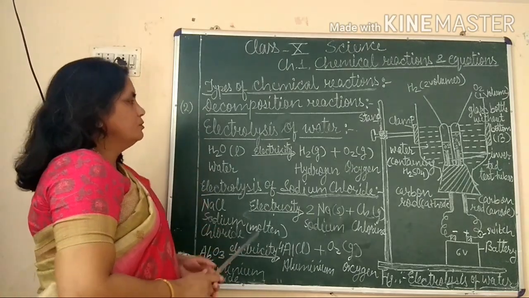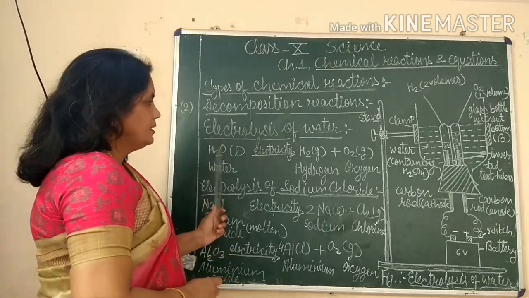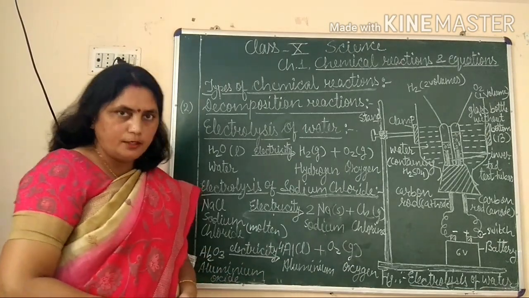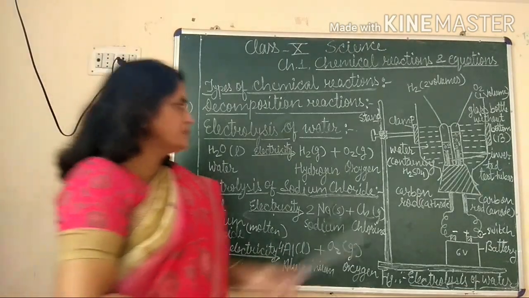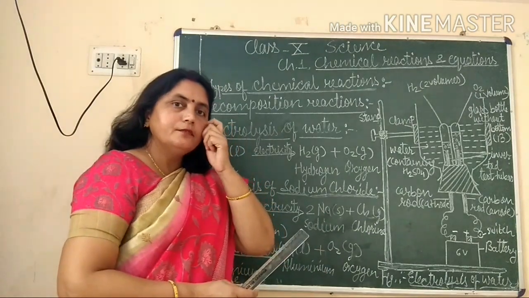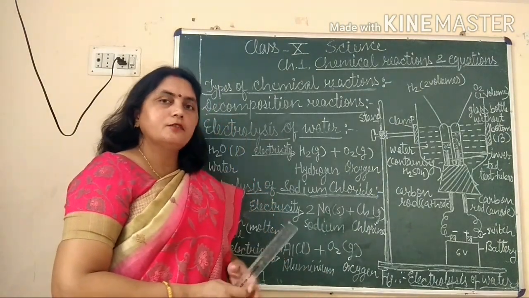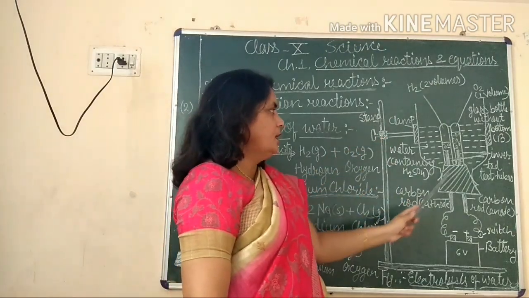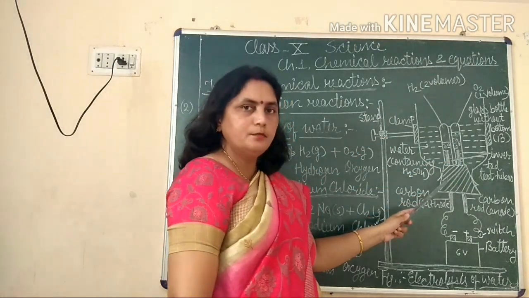Now, before we go to some other examples, let us see what is the experimental setup for electrolysis of water. That is, we are going to discuss the setup by which we can carry out the electrolysis of water in laboratory. Here is a wide-mouthed glass bottle.